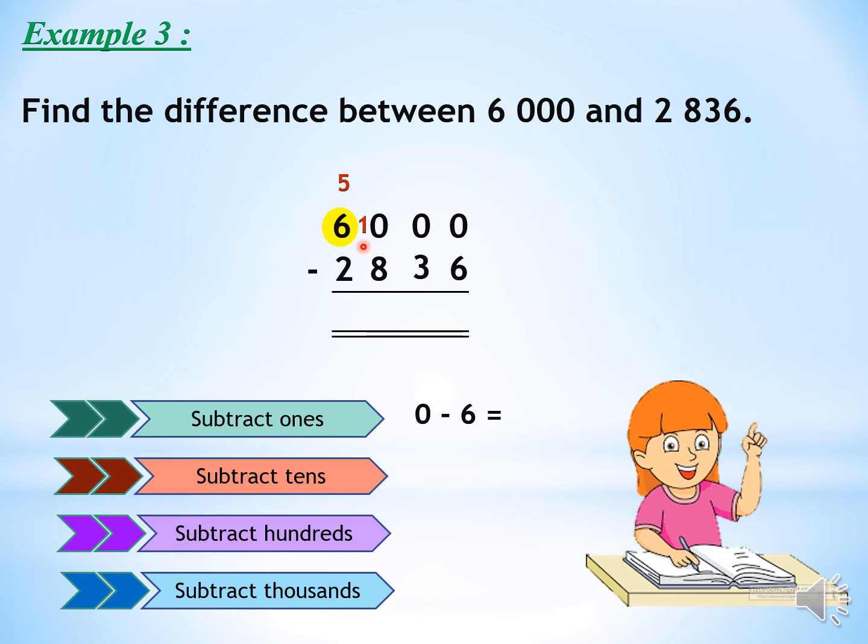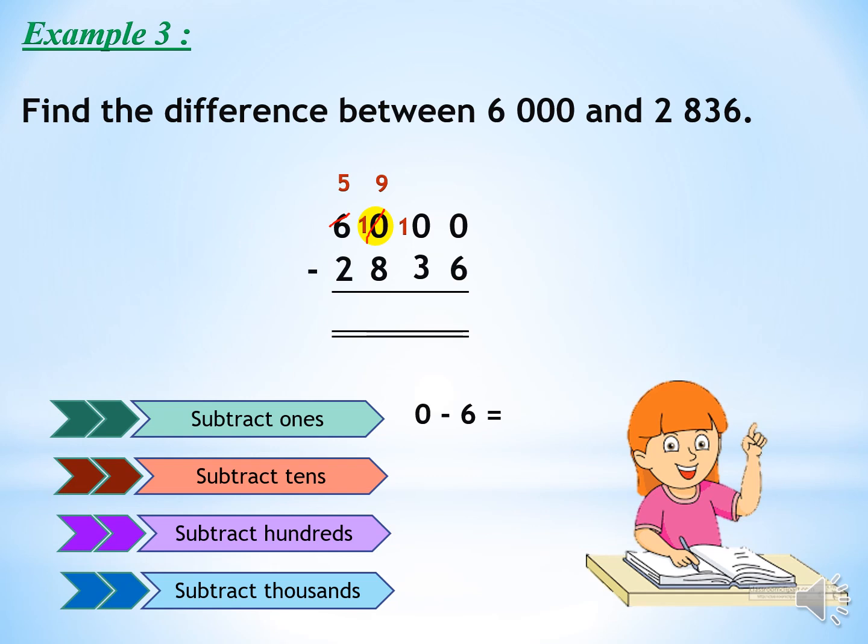But again we'll have to regroup hundreds even. So when regrouping hundreds into tens, that even won't be 10. Now it will become 9 and there will be 10 tens.